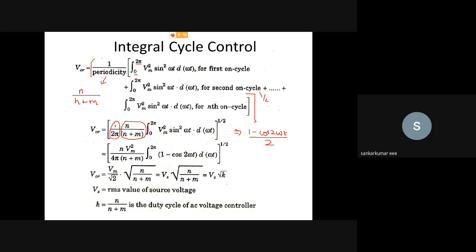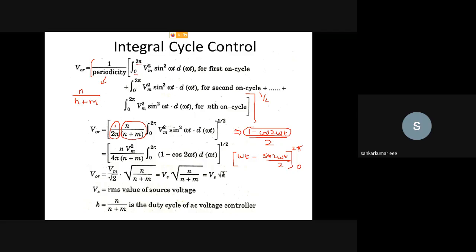So n into Vm square divided by 4 pi into n plus m into 1 minus cos 2 omega t. Here we have to integrate 1 minus cos 2 omega t with respect to the limit of 0 to 2 pi. So the same derivation, that is omega t minus sine 2 omega t by 2, to the limit of 0 to 2 pi.